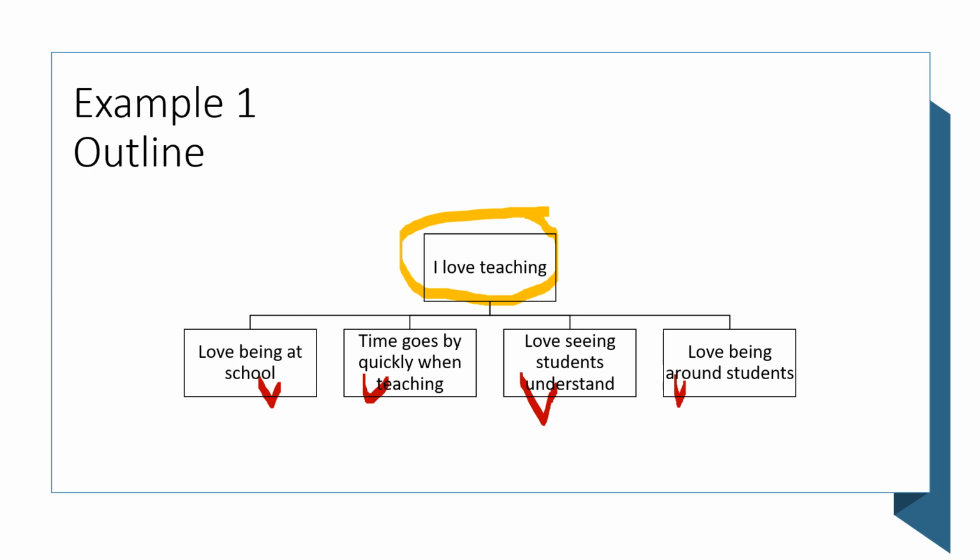And these four supporting details will become the lettuce, the meat, the tomatoes, the cheese of my paragraph. And I love teaching will become the bottom bun, the top bun and bottom bun.